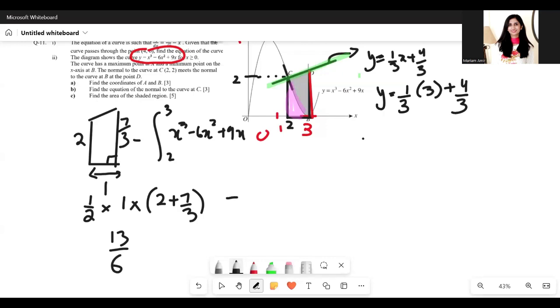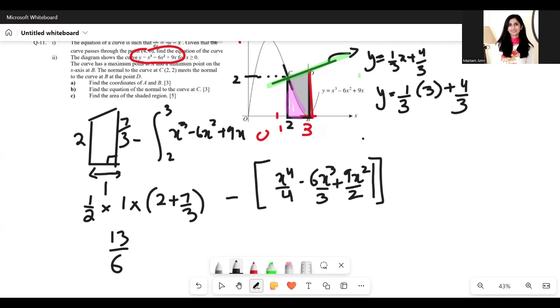From this, we subtract the result of the integration. Let's see what that would be. Okay, integrate the curve. We get x to the power 4 upon 4 minus 6x cubed upon 3 plus 9x squared upon 2, and substitute the limits 3 and 2. Okay, so let's do that.